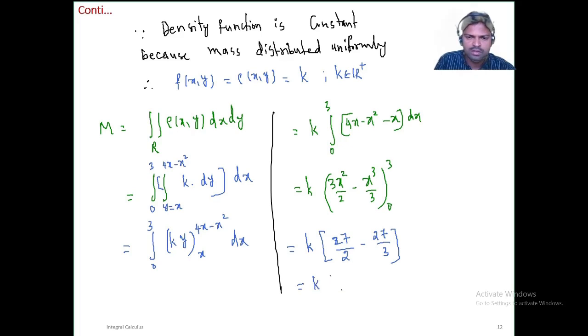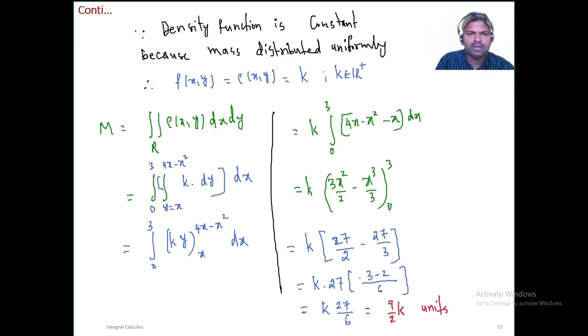Or you can take 27 out: 1 by 2 minus 1 by 3. So LCM is 6, 3 minus 2, so 1 by 6. So k into 27 upon 6. If you want to simplify, you can. So this will be 9 by 2 into k units.